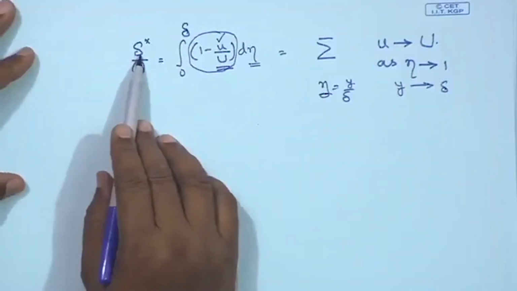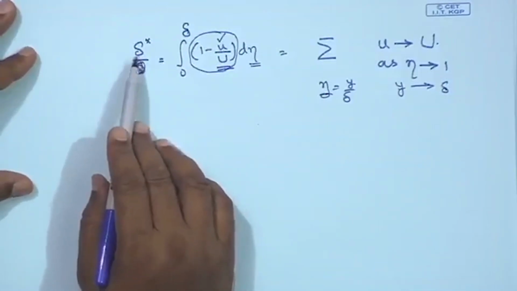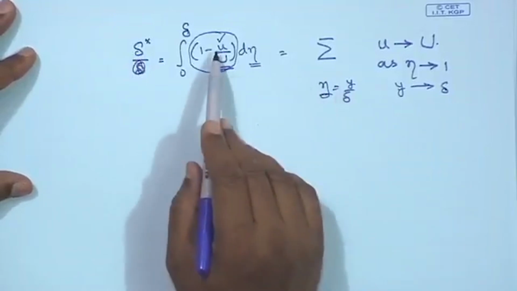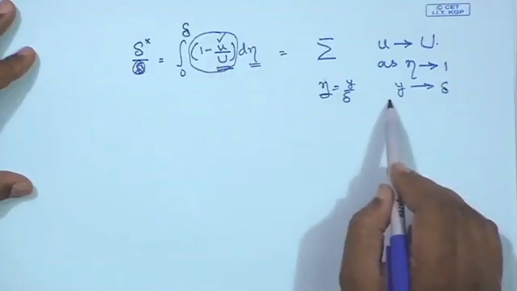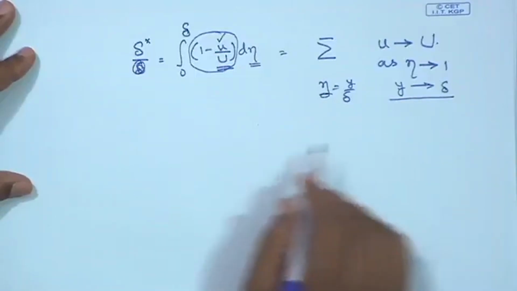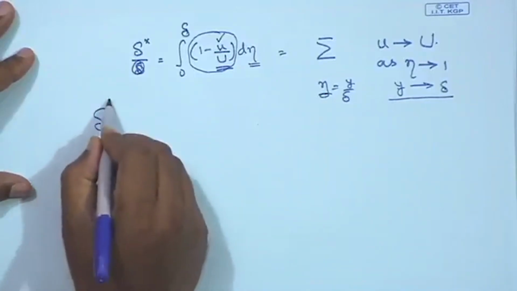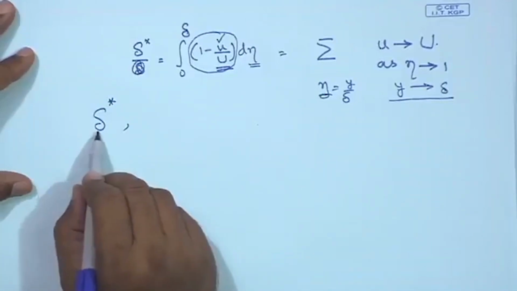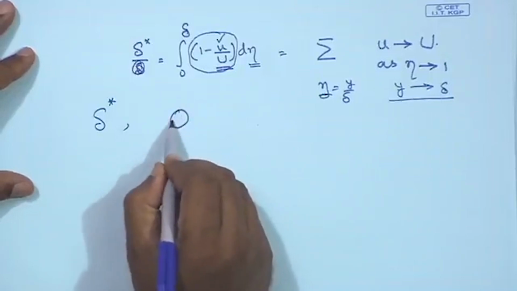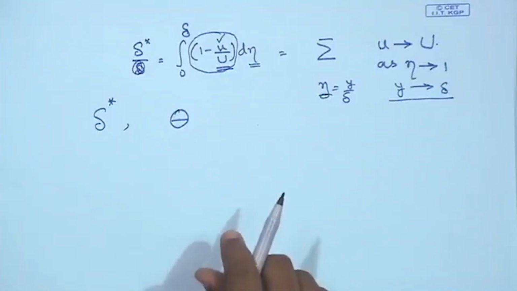So, the definition of delta star is such that you do not have any effect of the errors associated with u when you approach the free stream. So, this has given us the definition of delta star, the displacement thickness, and also theta, which is the momentum thickness.